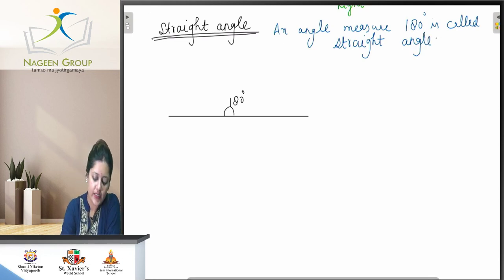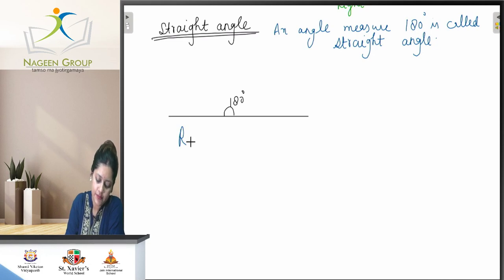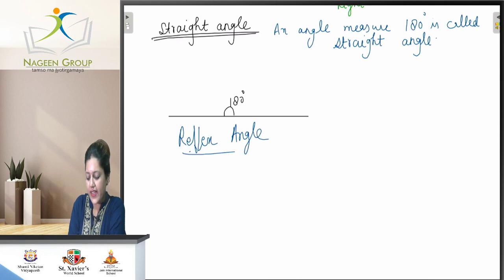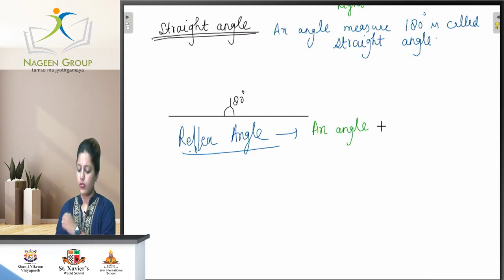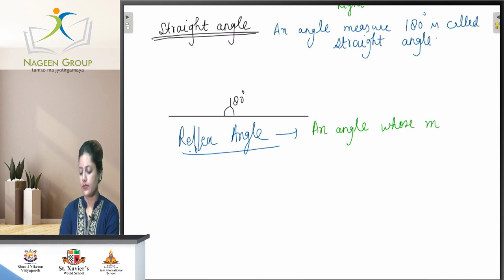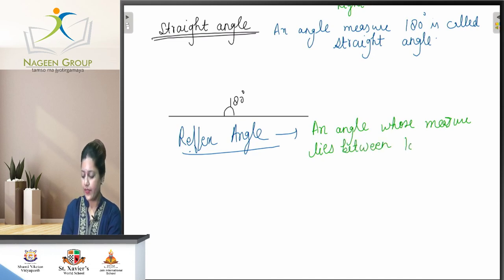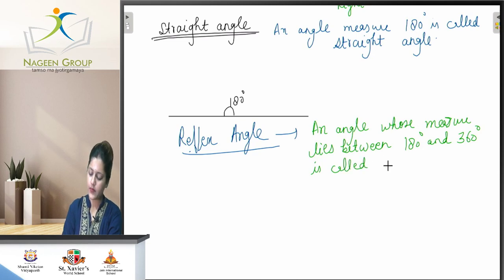Next is another angle, that is the reflex angle. An angle whose measure lies between 180 degrees and 360 degrees is called a reflex angle.